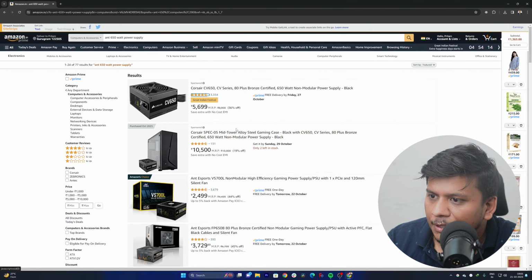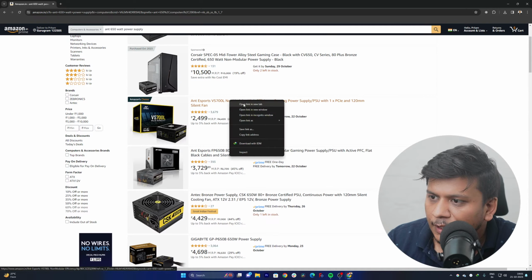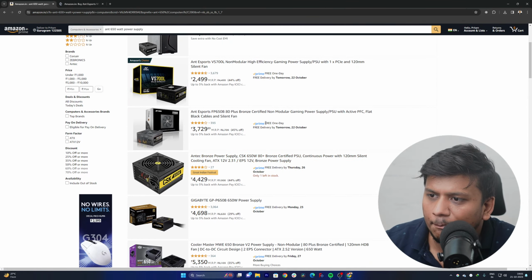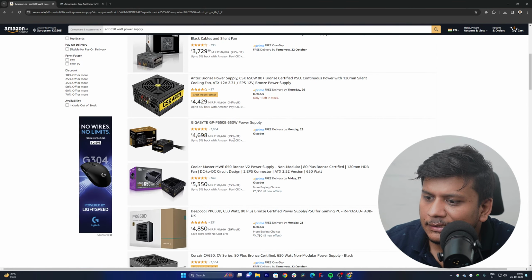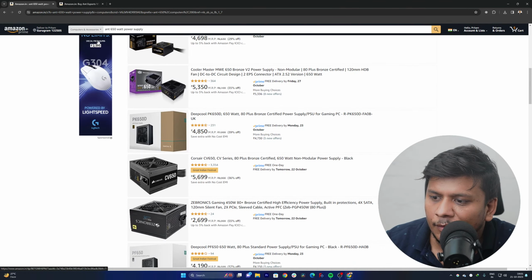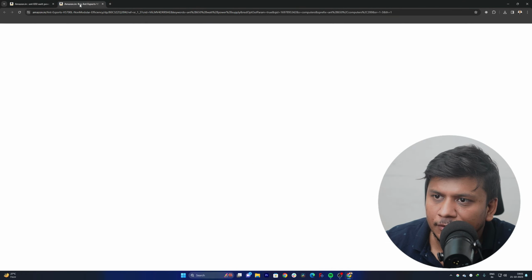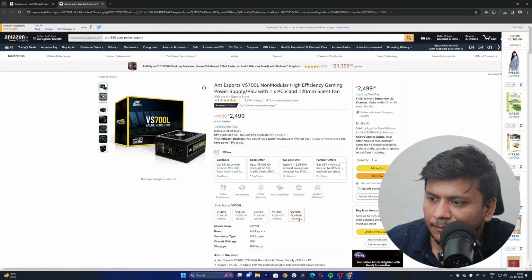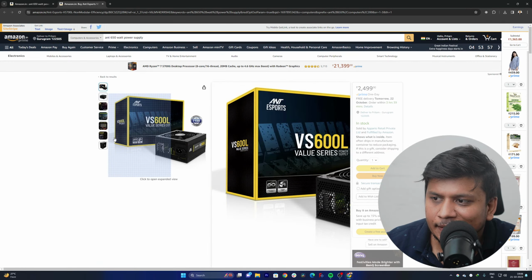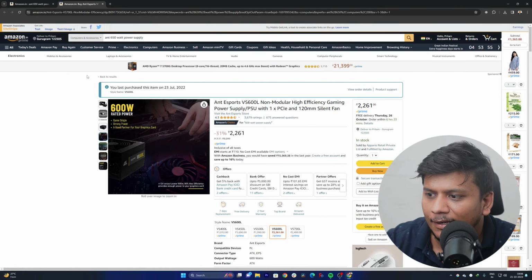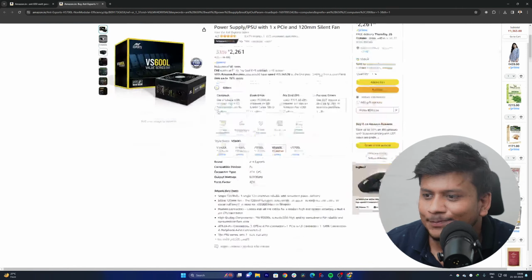You can go with this one, or let's see, because when I open this power supply, I'm pretty sure that they have different configurations. Okay, so we can go with this 600 watt power supply. So we are starting with power.